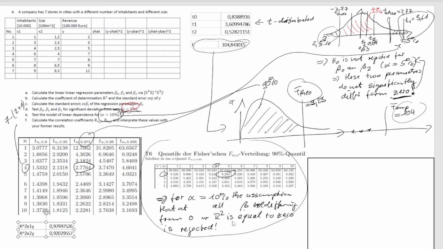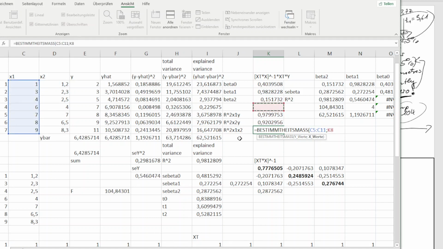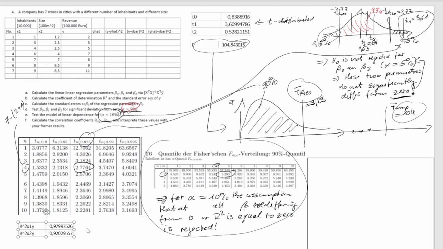But of course, what we also have is R squared x1 x2. If we calculate this one, then we have also a very high correlation between these two variables. And what does this mean?